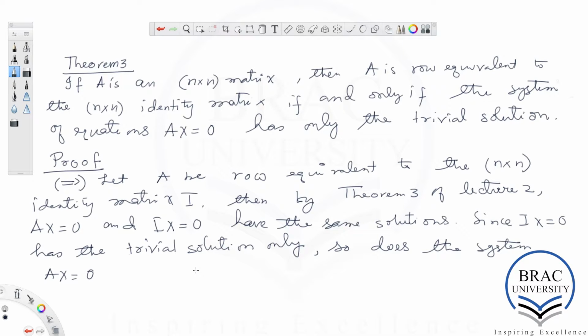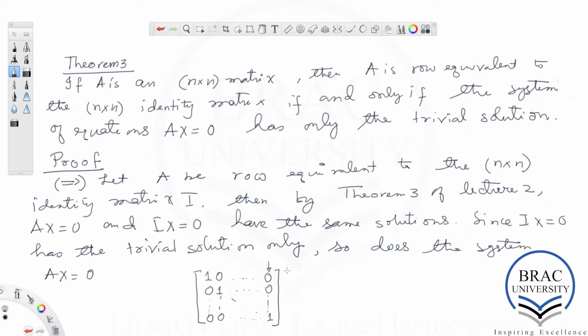So when you write this Ix is equal to 0, this is the n times n identity matrix: 1, 0 all the way up to 0 is the first column, then 0, 1 all the way up to 0, and the nth row ends with the entry 1.